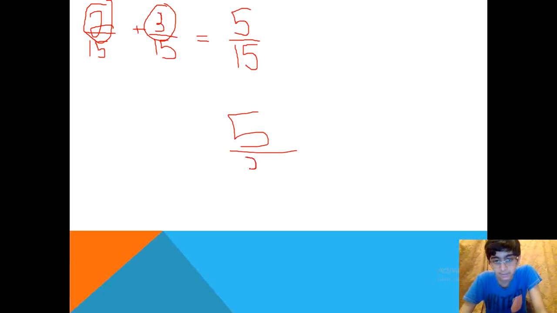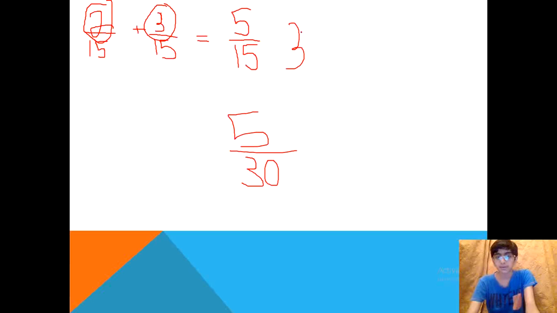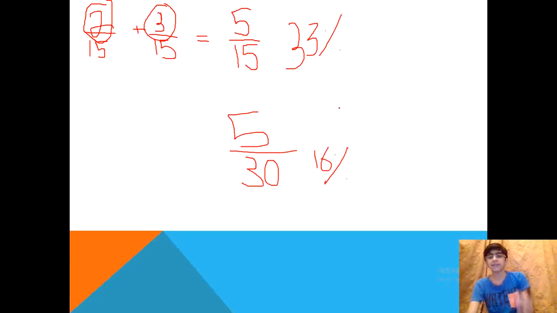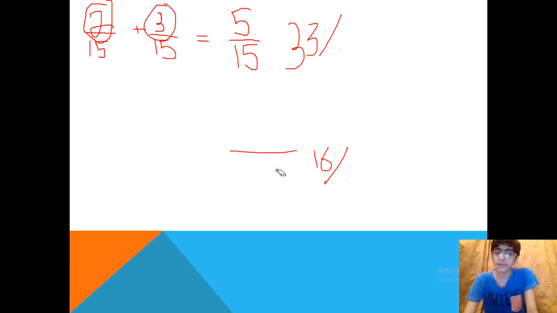You can imagine that 5 over 15 is about 33%, and 5 over 30 is about 16%. That's quite a big difference; 5 over 15 is about double of 5 over 30. So we just have to add the numerators, not the denominators, because the denominators we have to copy as they are.